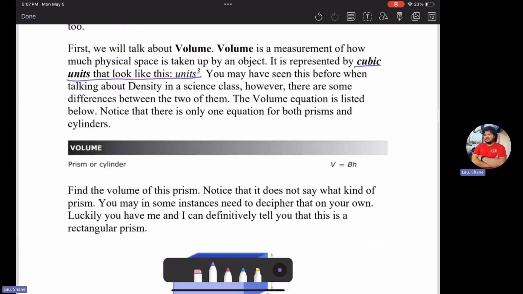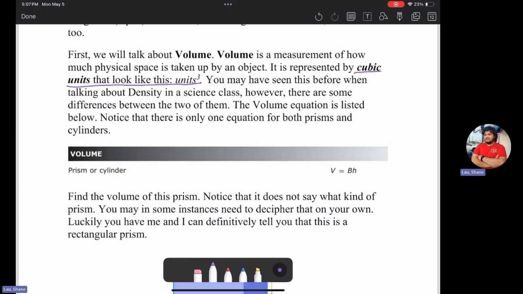Don't let that small difference be too much of a bad thing. Just memorize that volume is 3, area is 2. You may have heard of this in density in a science class. Maybe Mr. Floyd has talked about it. I don't know.